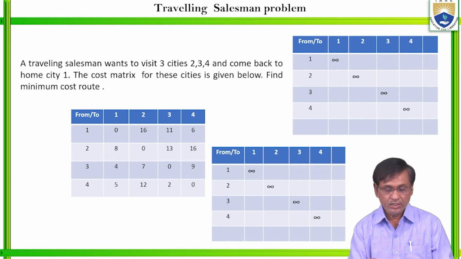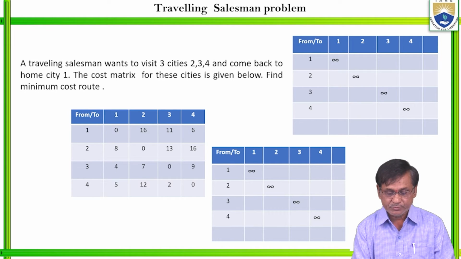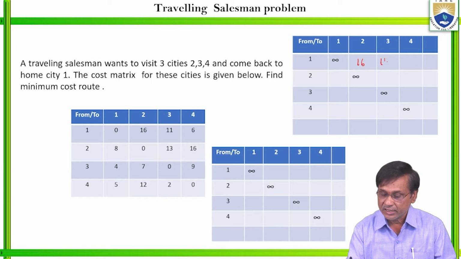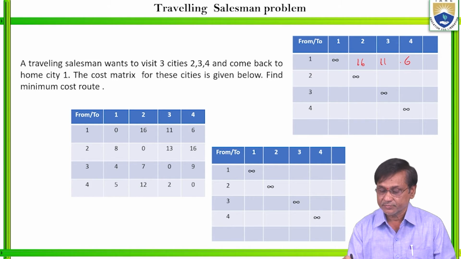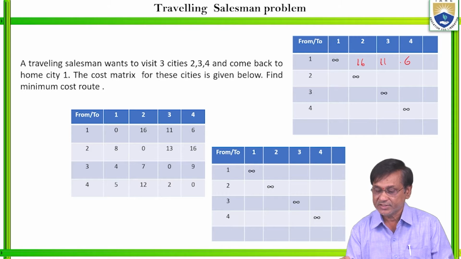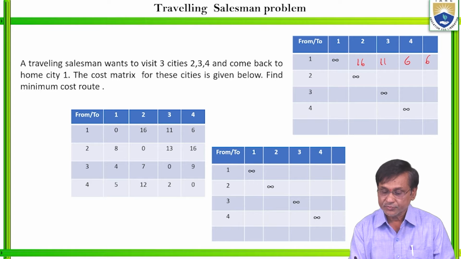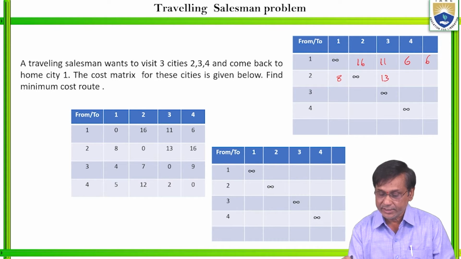After that, the first step is to select the smallest element in each row. In the first row, the elements are infinity, 16, 11, 6, so the smallest element is 6. Next, in the second row, the elements are 8, infinity, 13 and 16.